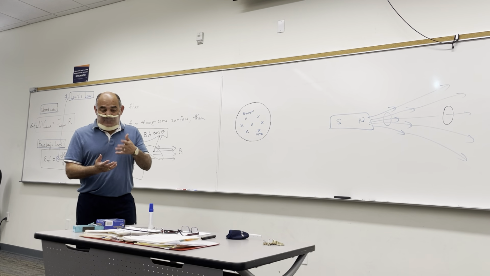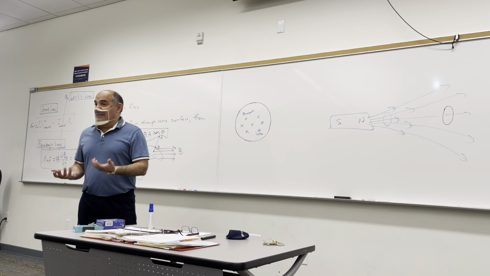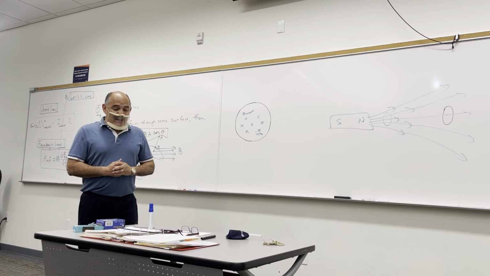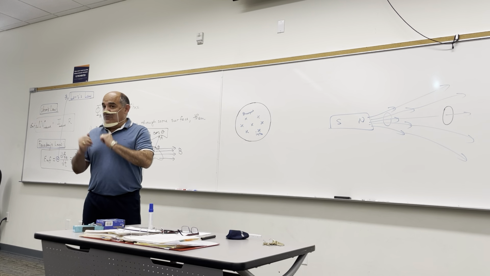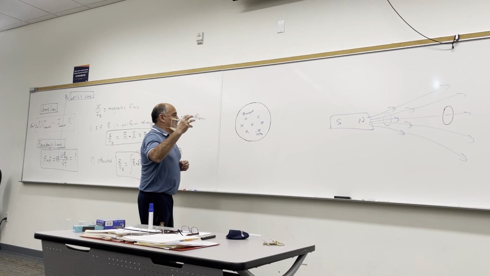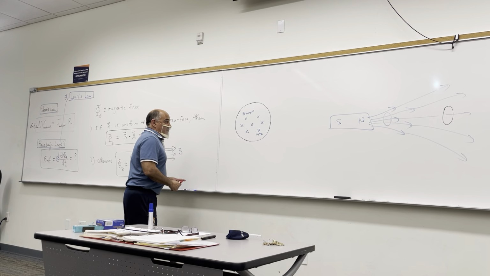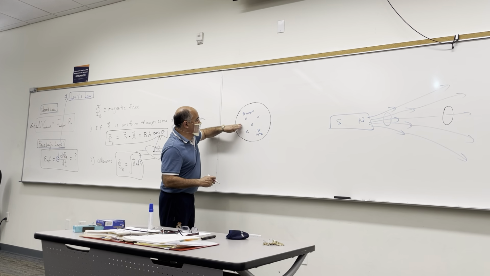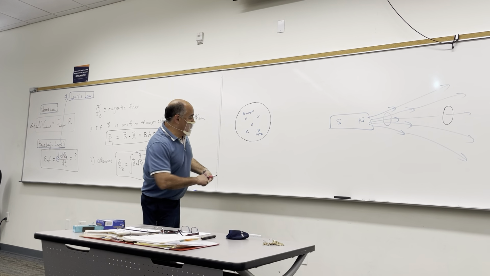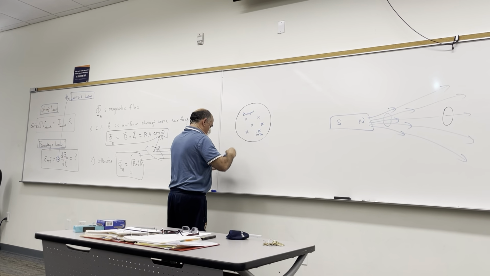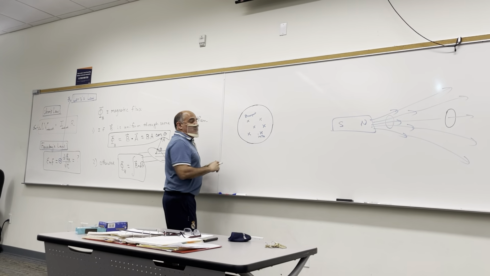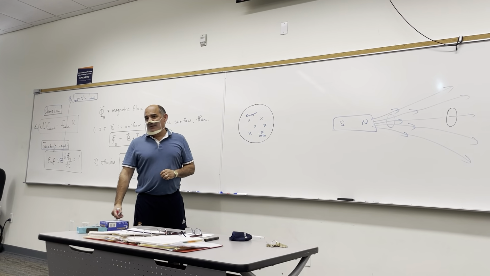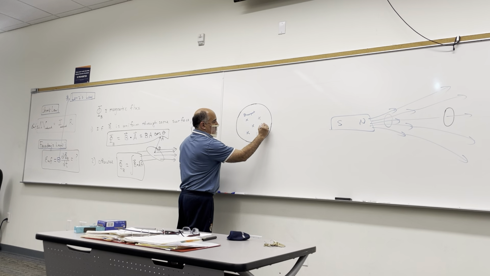And what happens if the ring has a current in it? It'll produce a magnetic field. And the ring knows about vectors. It says, oh, magnetic field, I had 5 coming through. As soon as he increased the external magnetic field to 6, the ring wants to create its own magnetic field out.